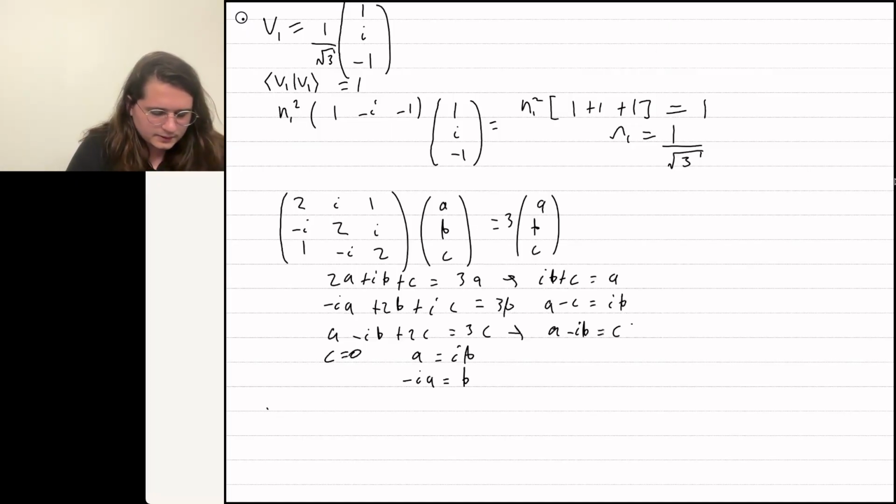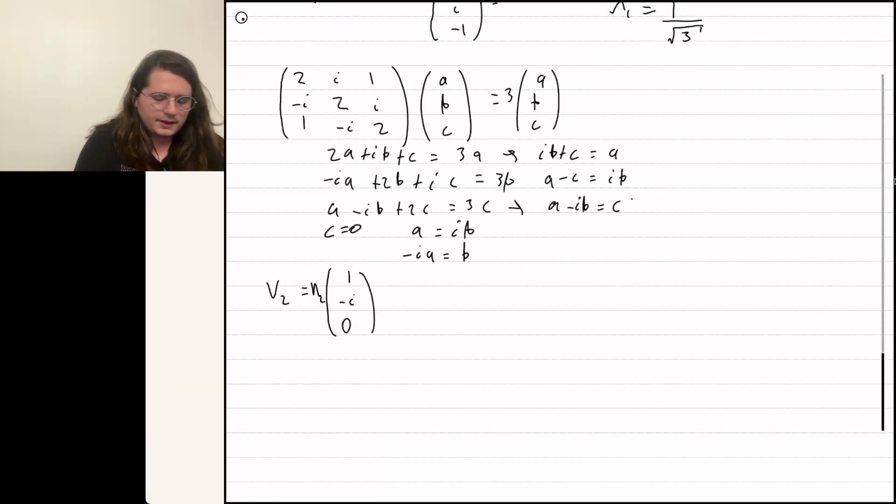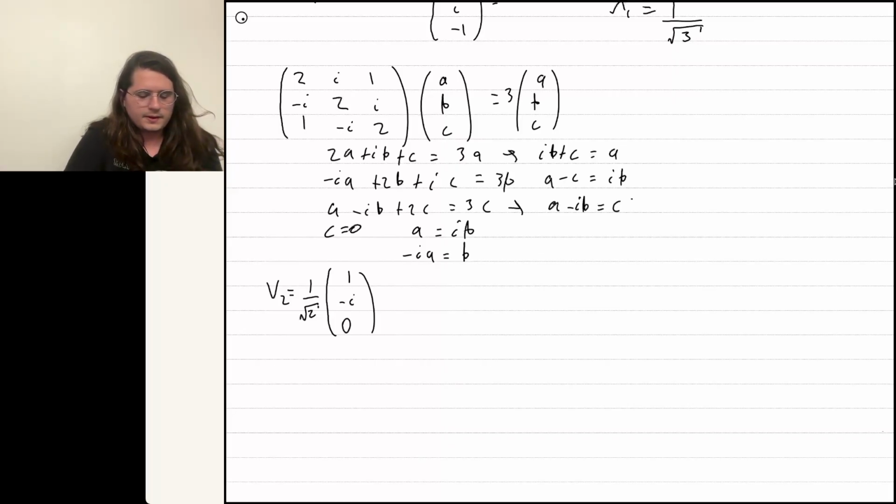And so you can write V2 equal to N2 times 0 down here, and then 1 we're going to choose for a, and then it'll follow that b is minus i. And then we can normalize that, but it should be fairly obvious that the normalization factor to go on that is just 1 over root 2, right?